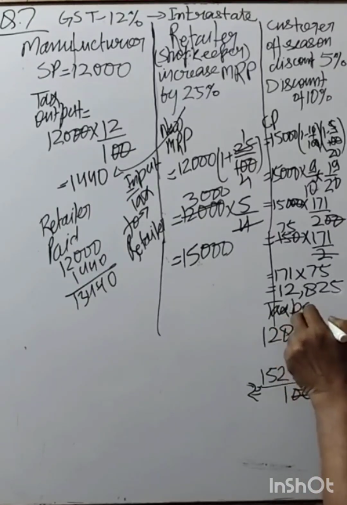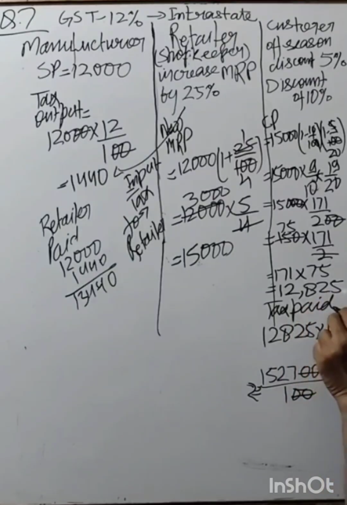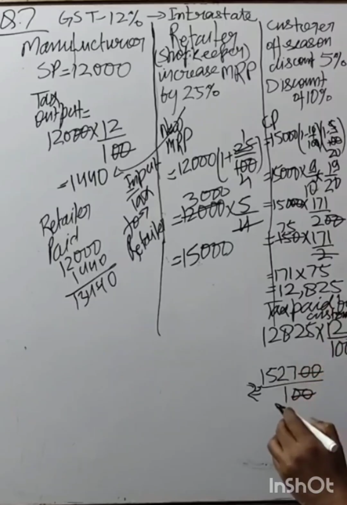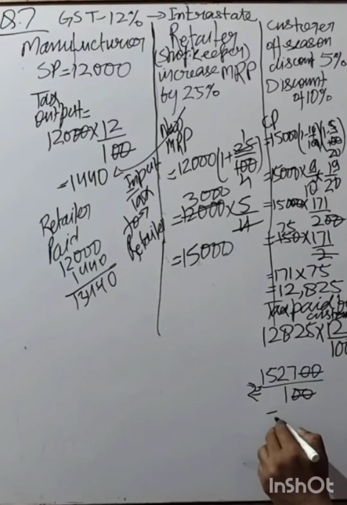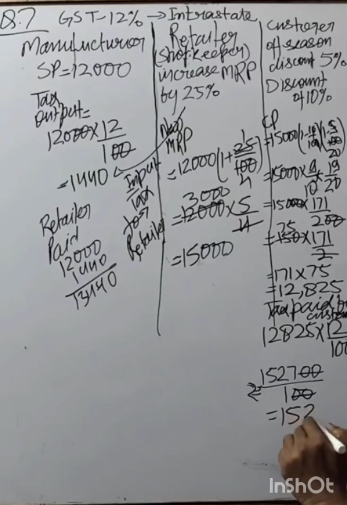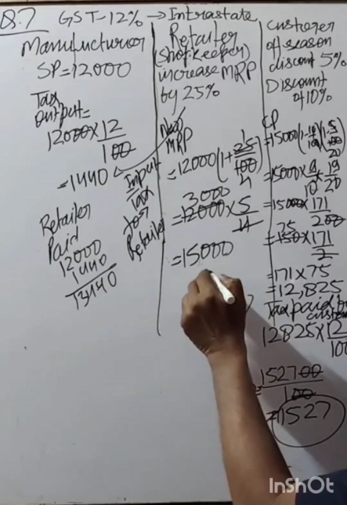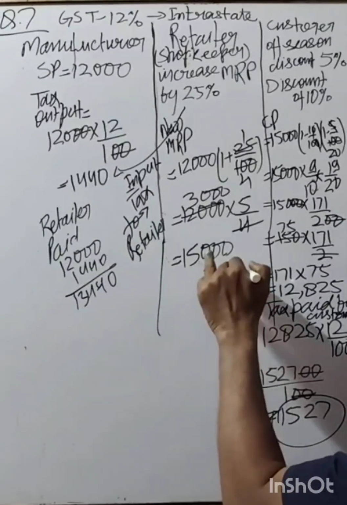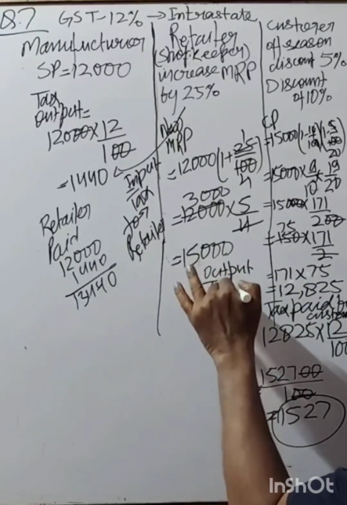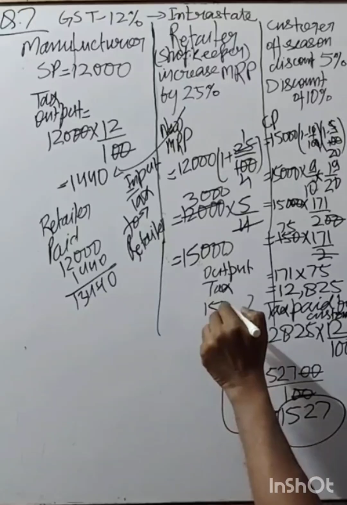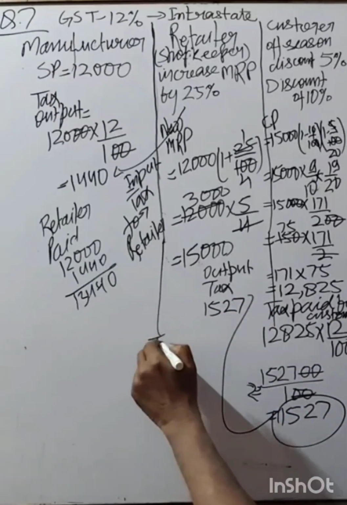Tax paid by the customer, that is rupees 1527, right? So for this, the output tax comes to 1527, right?